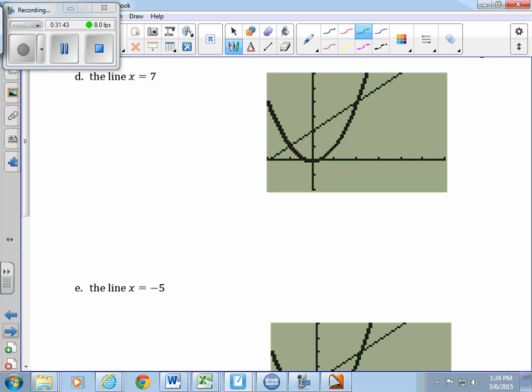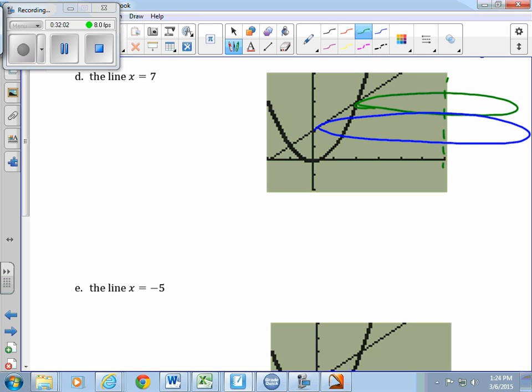Say really quick, watch with me. I could also rotate this around the line x equals 7. Everyone see that? Yeah. So the outside radius and inside radius, right? We'll be talking about that blue distance and the red distance.